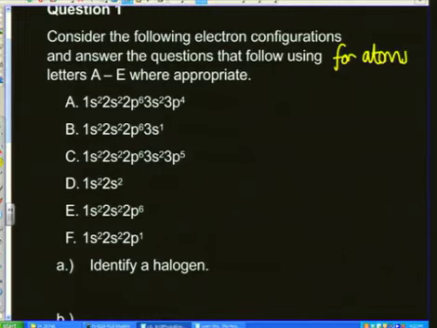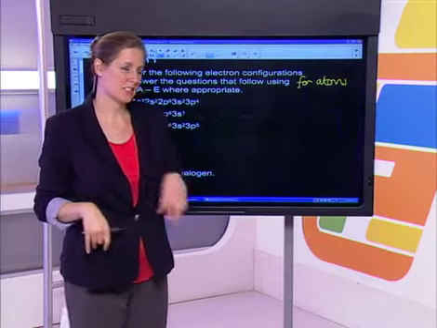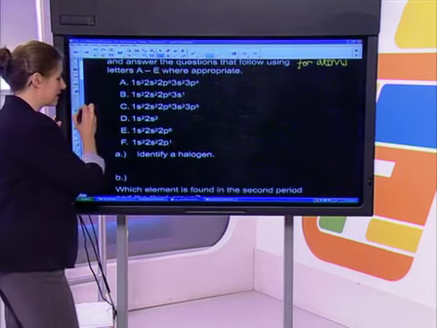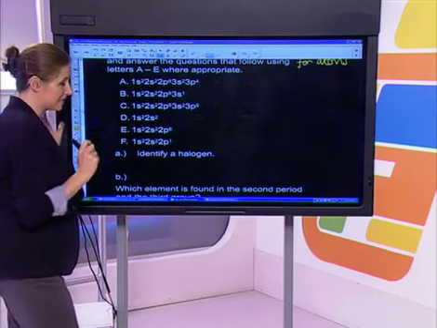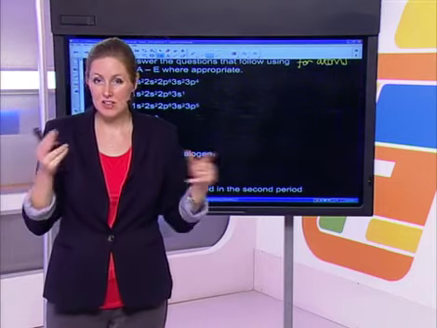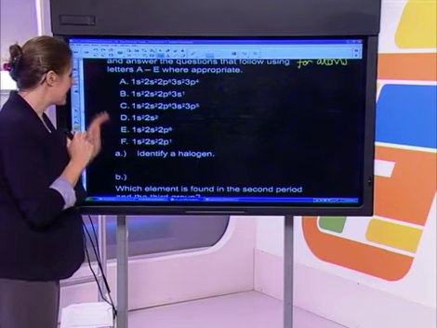Because if it wasn't an atom, if it was an ion, a charged particle, then it could have a different number of electrons. And so we wouldn't necessarily be able to answer the questions. But if these are all atoms, they're all neutral particles, they all have the same number of protons as electrons, that would definitely be something we could do. So here's our list.